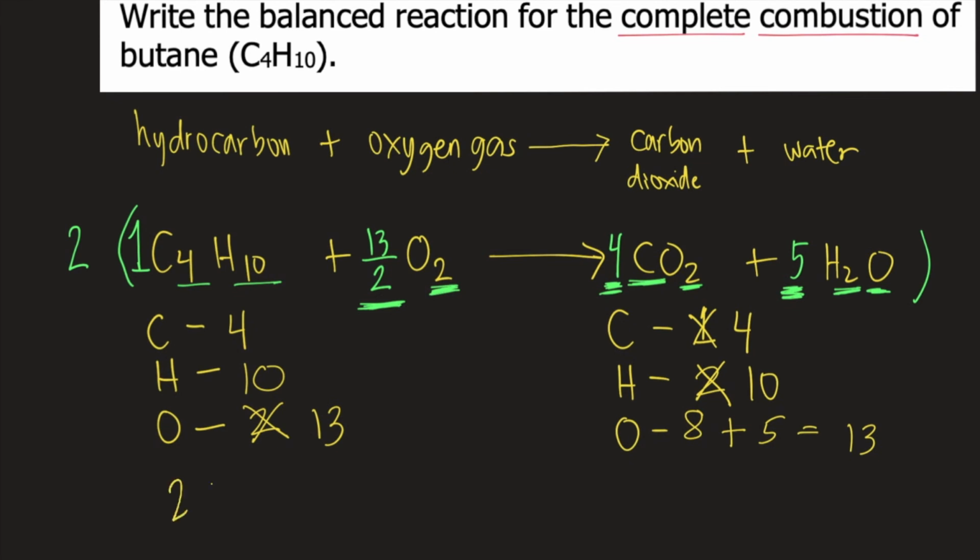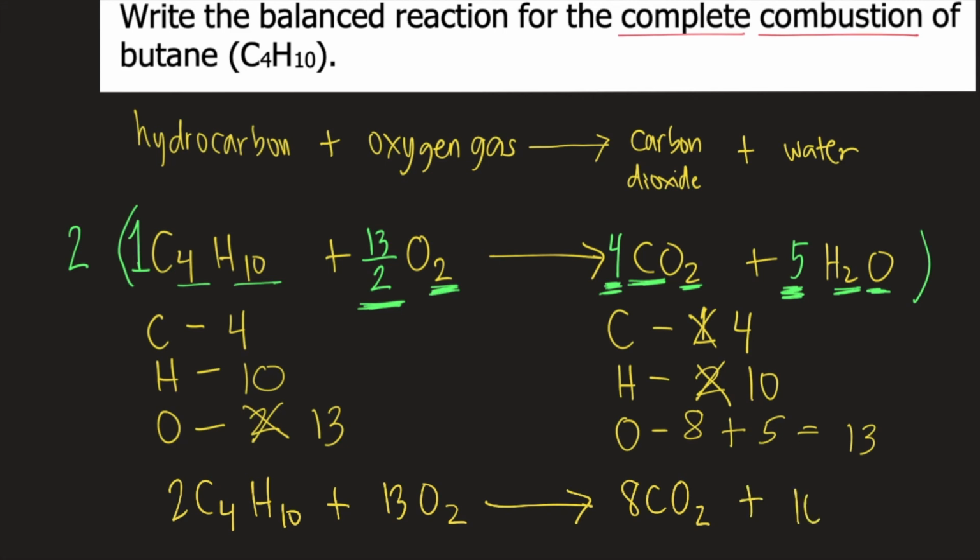So 2 C4H10 plus 2 times 13 over 2, that's 13 O2. 2 times 4, that's 8 CO2. And 2 times 5, that's 10 H2O.